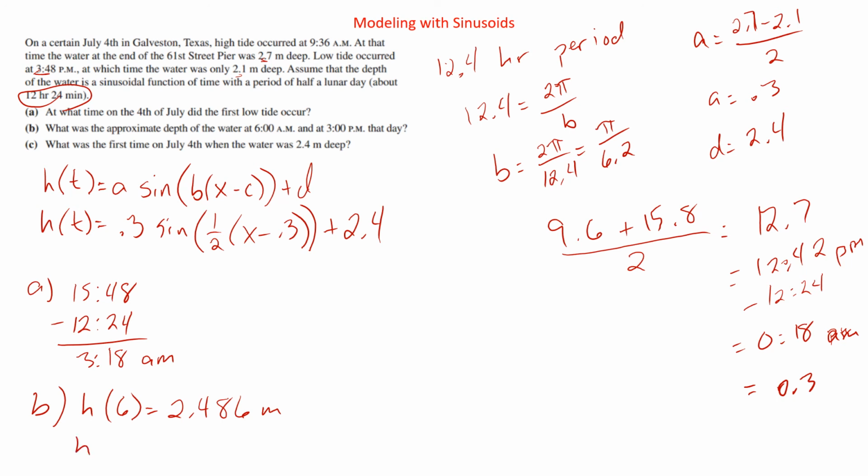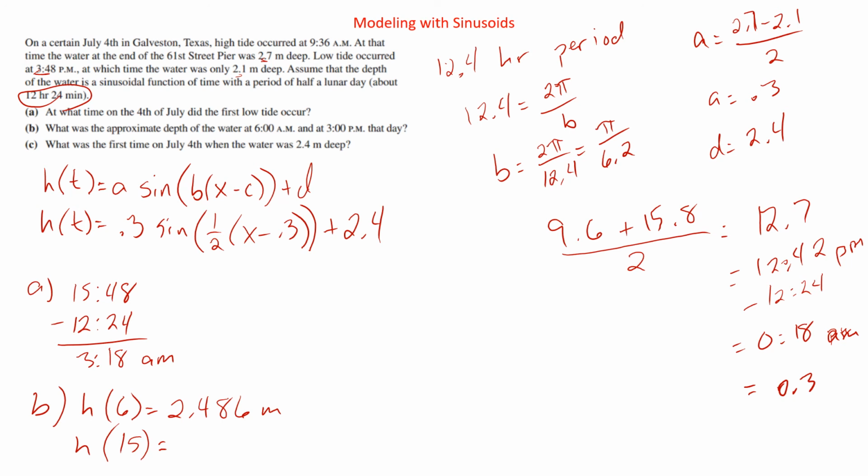And then at 3 p.m., you can't plug in 3. That's the 15th hour. So we're going to do the same thing, only we're going to plug in 15. At 3 o'clock, it was close to low tide, so this should be close to low tide, which occurred at 3:45.